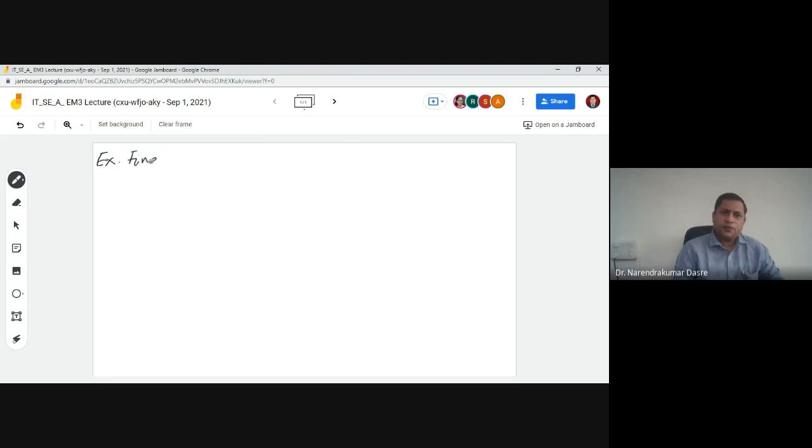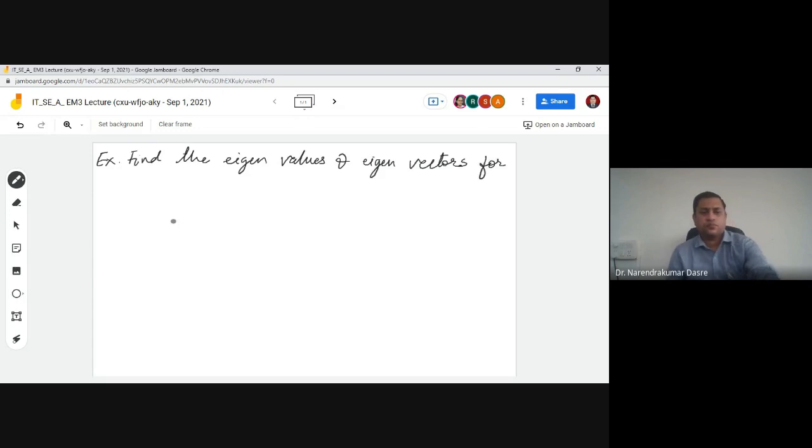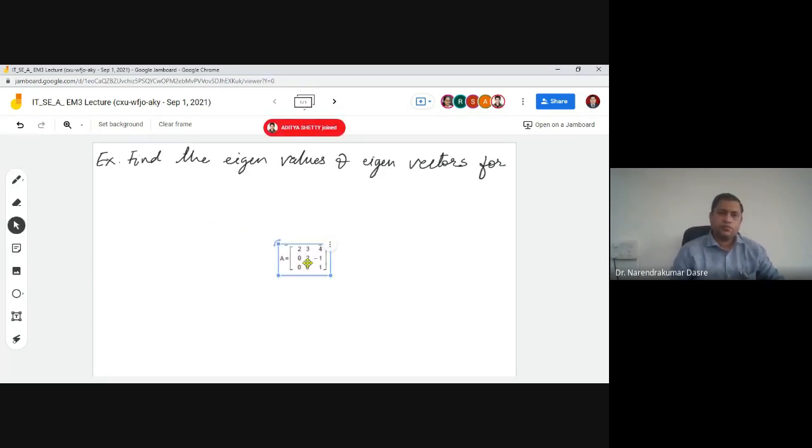Find the eigenvalues and eigenvectors for this matrix. I hope you are able to see this matrix.